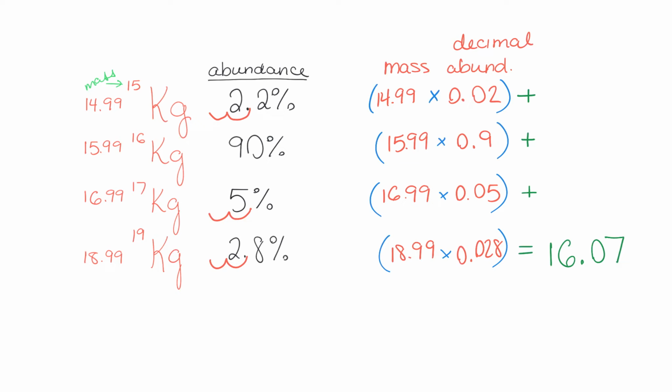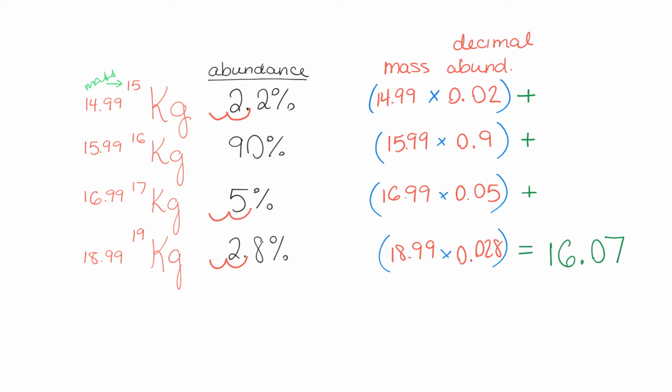Now remember, let me review this. No matter how you're given the mass, sometimes it's just a 15, sometimes a more accurate one is given. You're going to take your abundance, which is given as a percentage, and turn it into a decimal. You are going to multiply for each isotope, mass times abundance as a decimal.